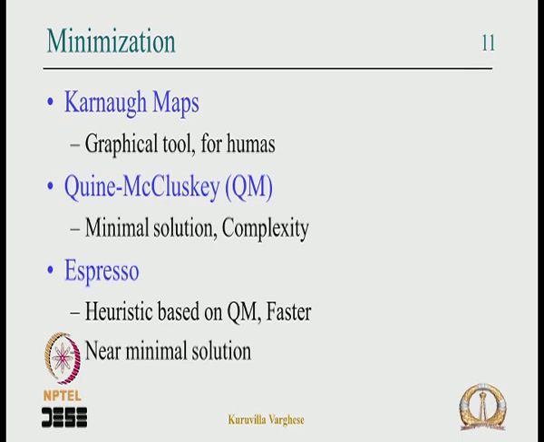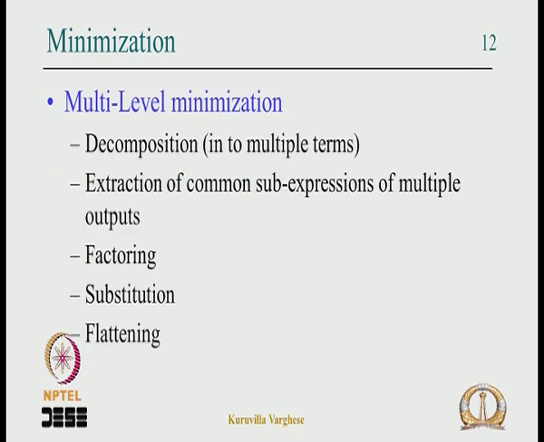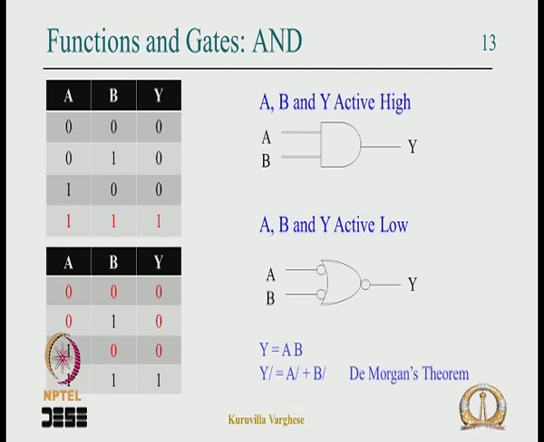Quine-McCluskey, Espresso, and there is multiple output multi-level minimization which is based on these algorithms, but then it involves many other steps. We had a brief look at it. Then we looked at differentiating between the gates and the functions the gates are able to implement.